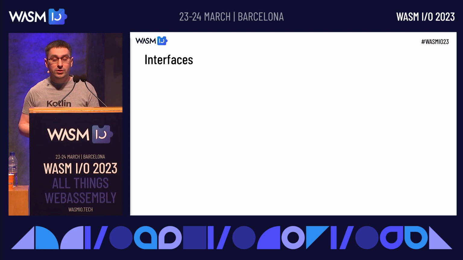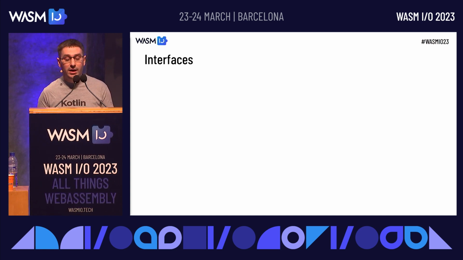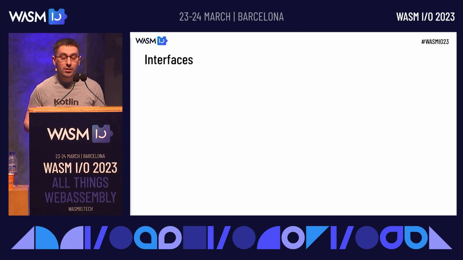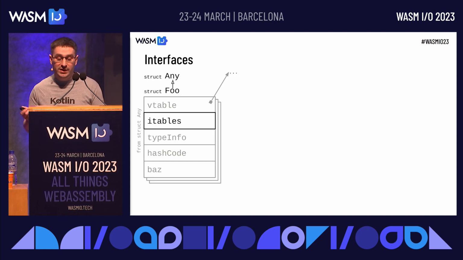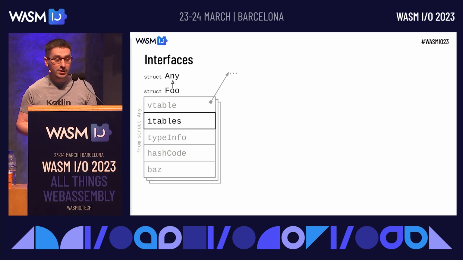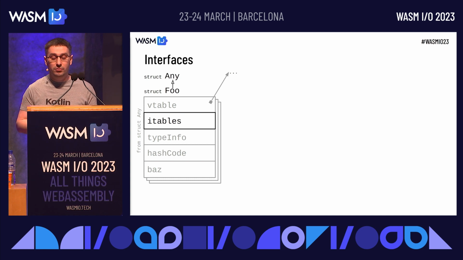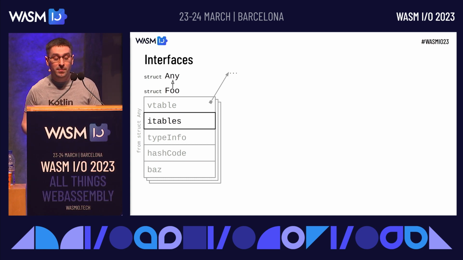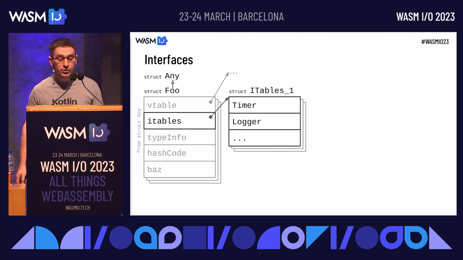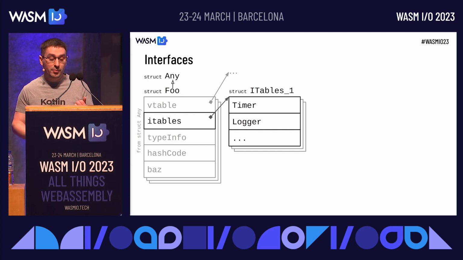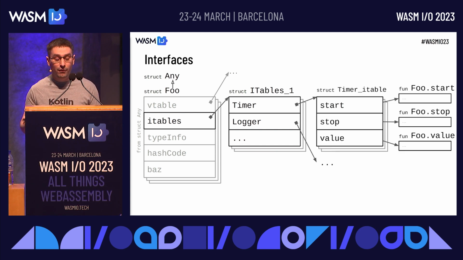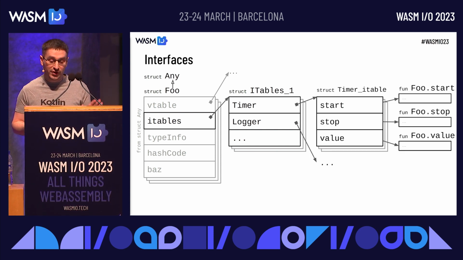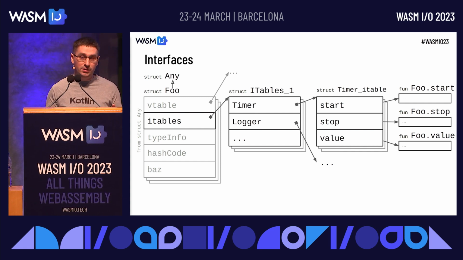Kotlin also has the concept of interfaces, and it's much trickier. Let's say the same class Foo is implementing interfaces Timer, Logger, and maybe something else. So we introduce a new structure, itable, with fields for each implemented interface. For each interface, we have a separate structure similar to the vtable with references to actual implementations.